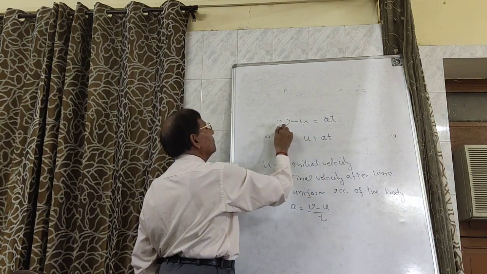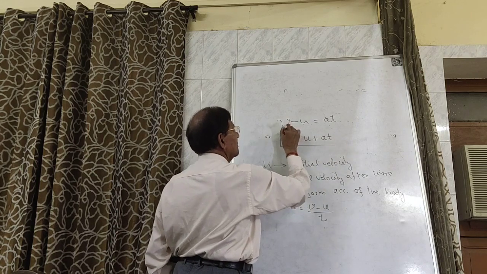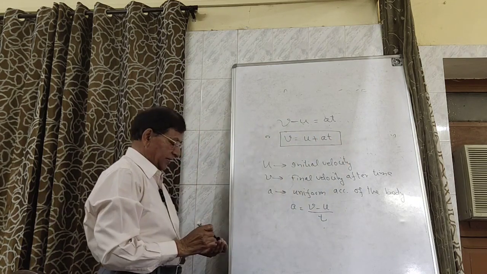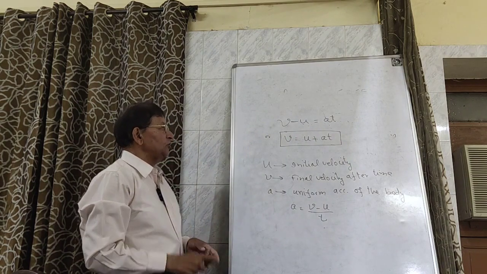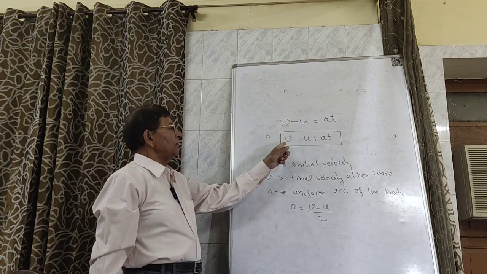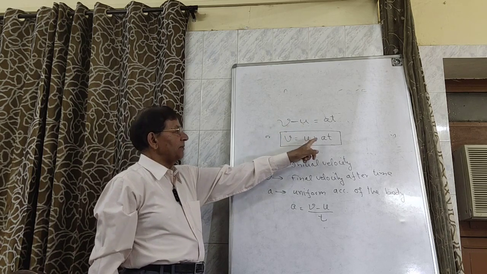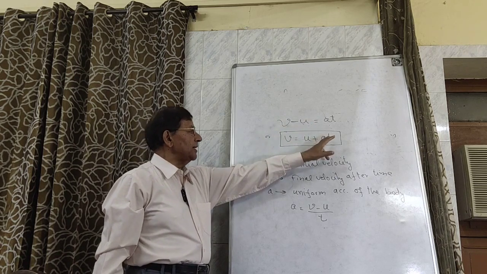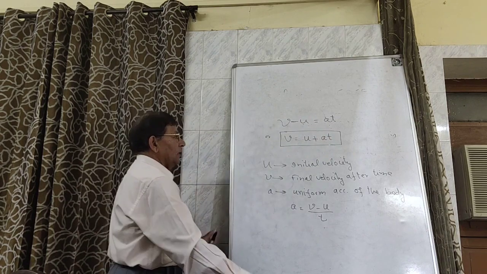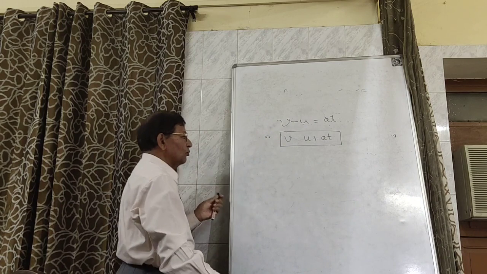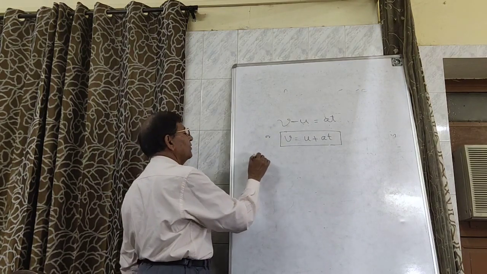This is the first equation of motion for a body having uniform acceleration a. This equation is used for finding the velocity of a body whose initial velocity is u, uniform acceleration a, at any time t.